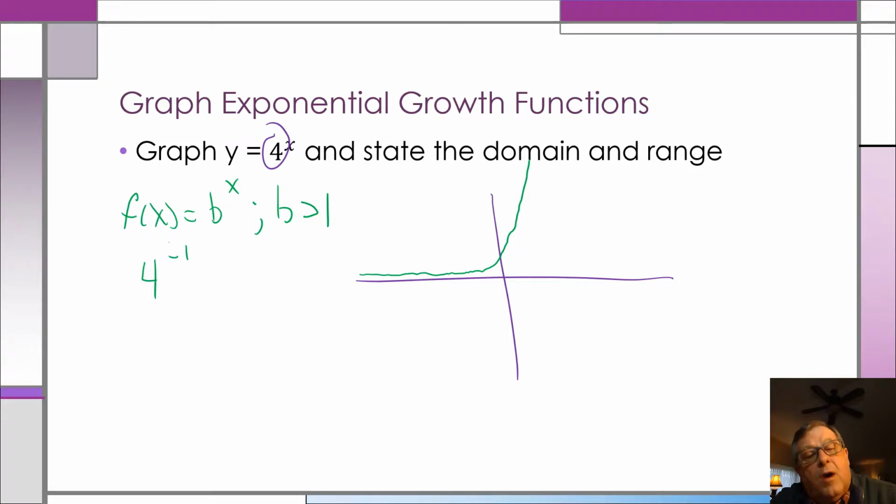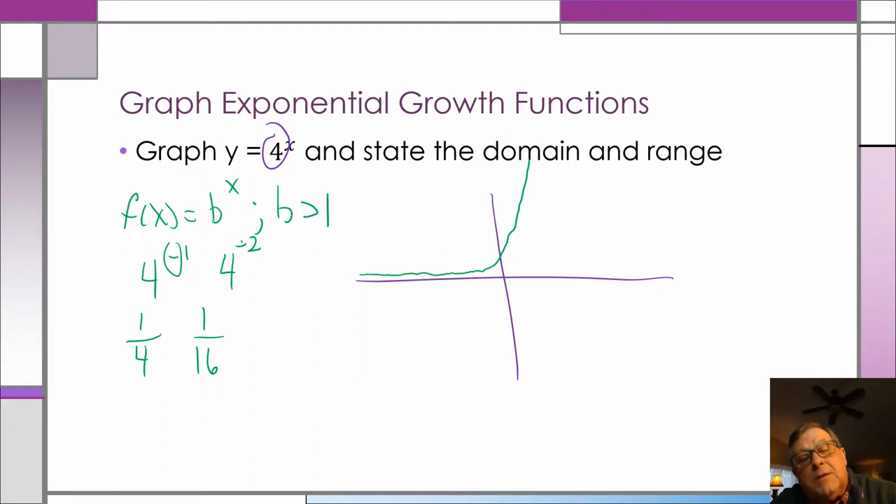This negative actually puts that base down in the denominator. So when x is negative 1, we've got 1/4. But what about 4 raised to the power of negative 2? Well, the base goes down in the denominator, but then 4 squared is 16. Well, 1/16 is smaller than 1/4.